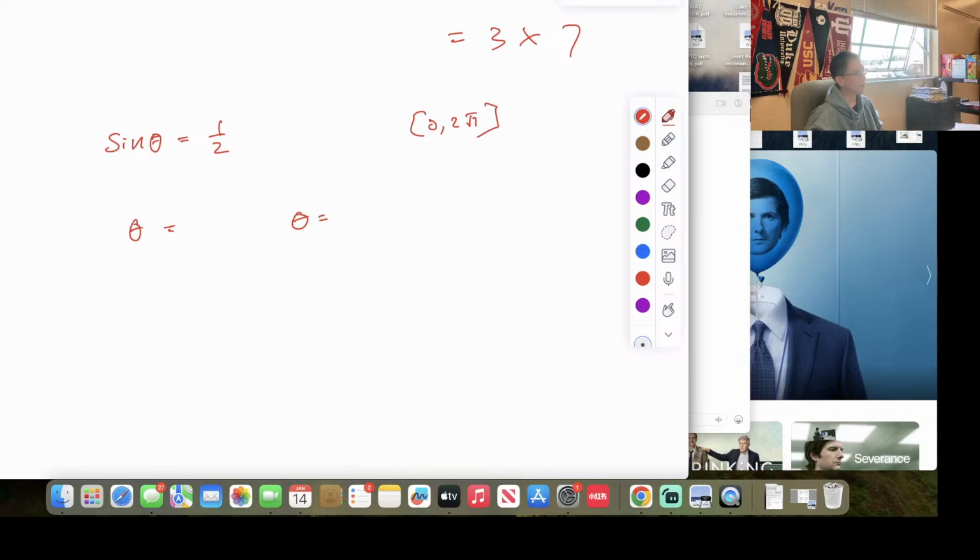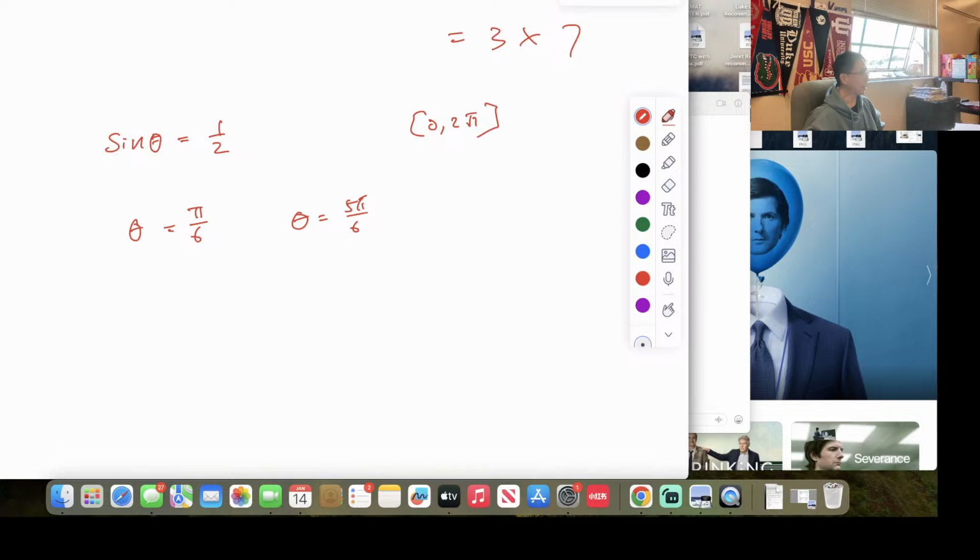If you know it, raise your hand. Sine of what equals 1/2? Yes, Anna? Pi over 6, good. That's one of them. Sydney? 5 pi over 6, good. So today you're solving the equation.